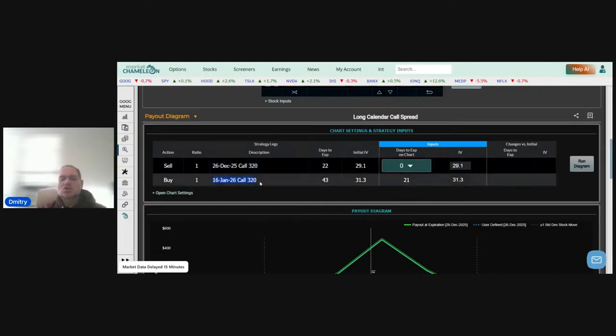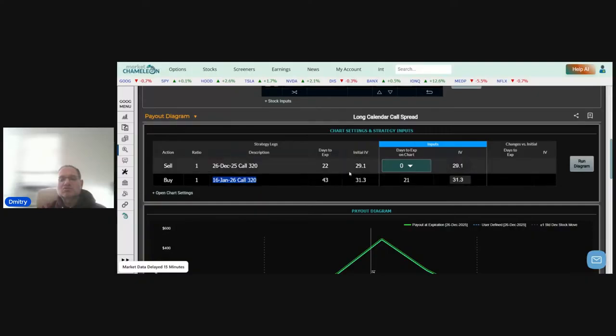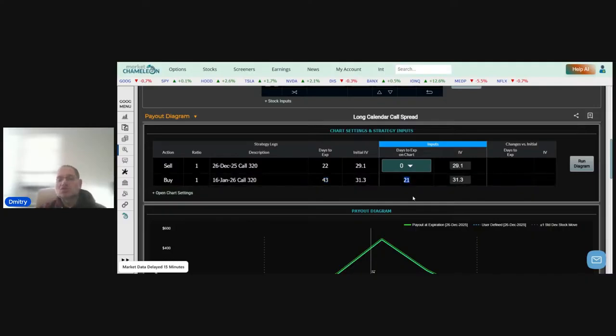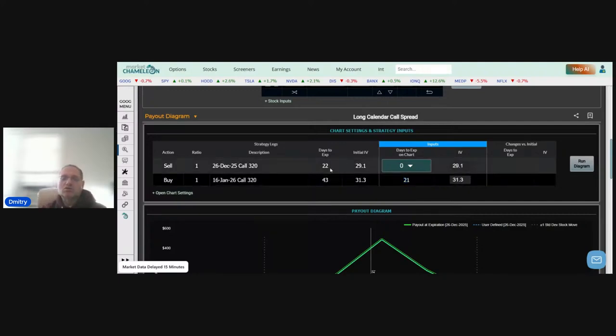And the January 26th expiration, which from today has 43 days to go, will have 21 days to go at that December 26th expiration. Today has 22 days, but the payout diagram is saying we're going to run this at expiration, 0 days.